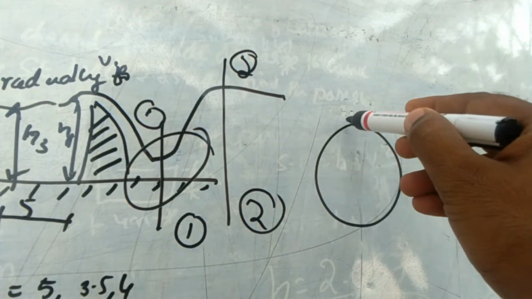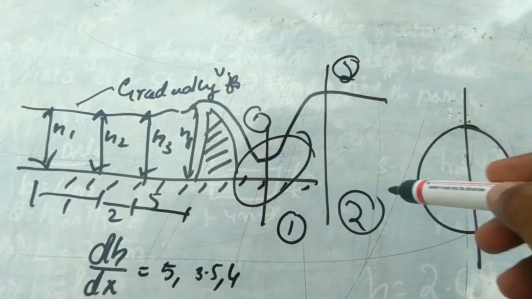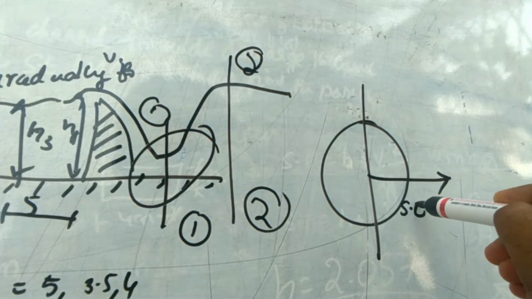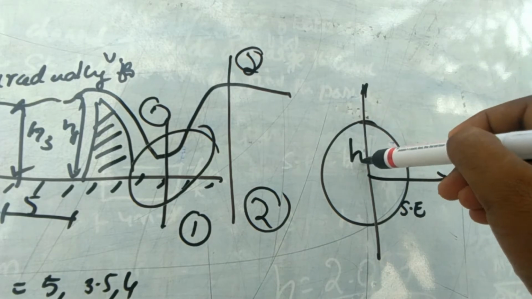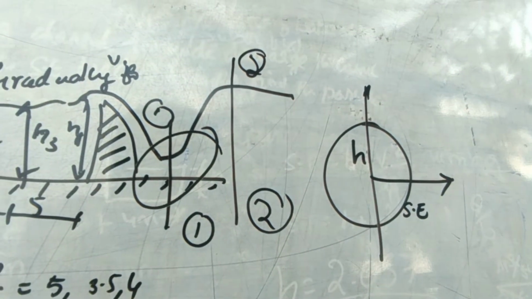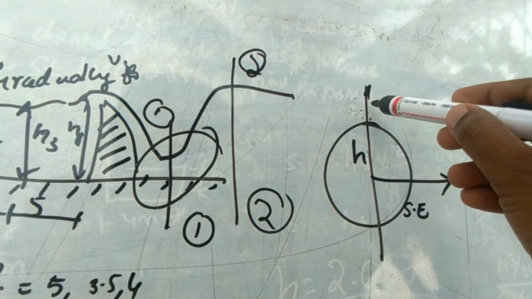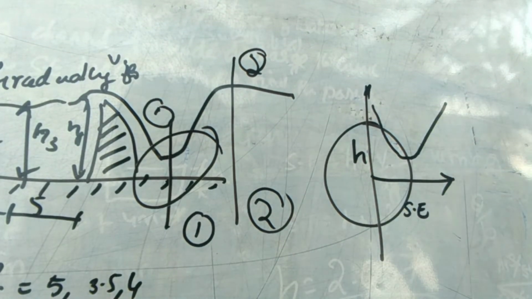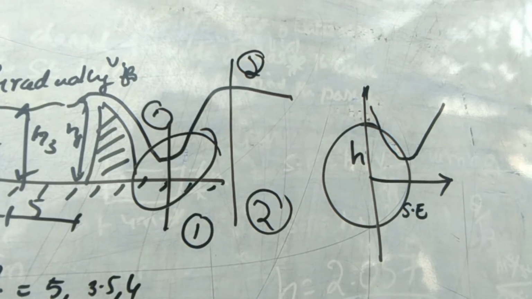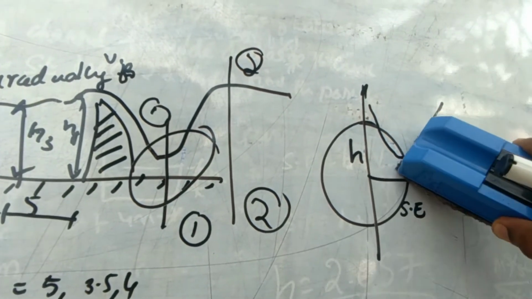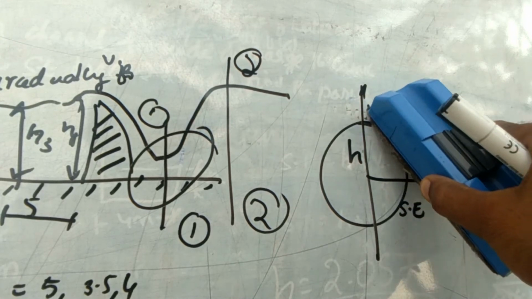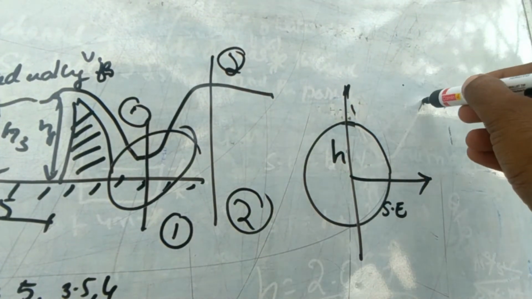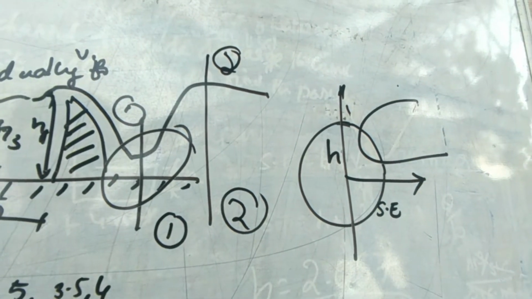So here is the same zoomed portion of this. If this is specific energy and this is H, water flows like this, or I can draw it like this graph, or I can draw this diagram.